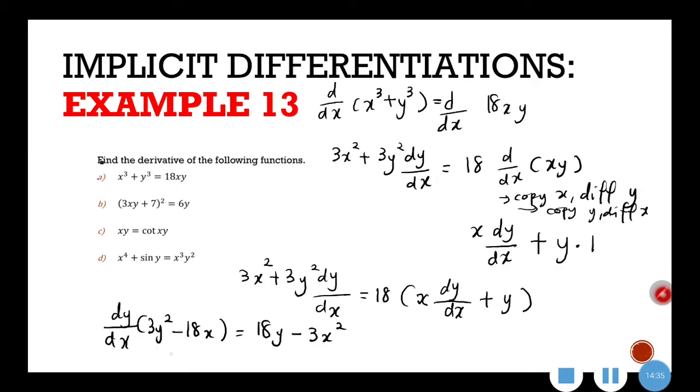Okay, so dy dx should be what? Okay, really easy. 18y minus 3x square over 3y square minus 18x. Okay, so this is the final answer.